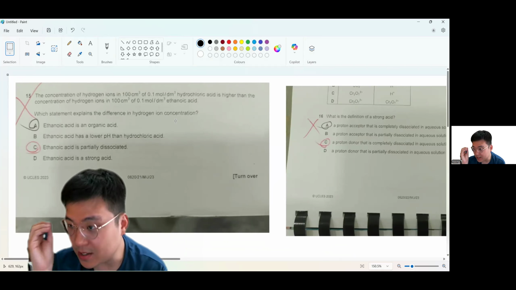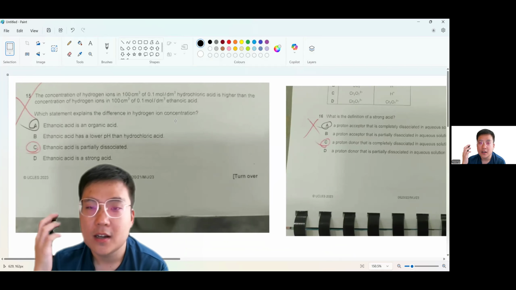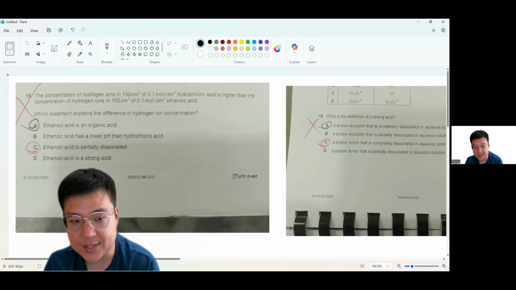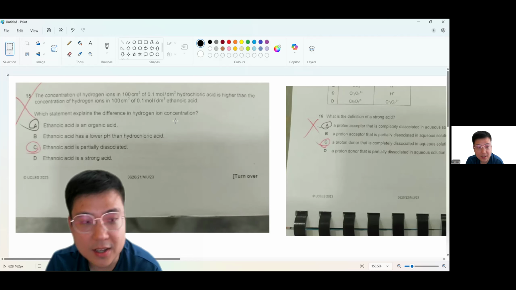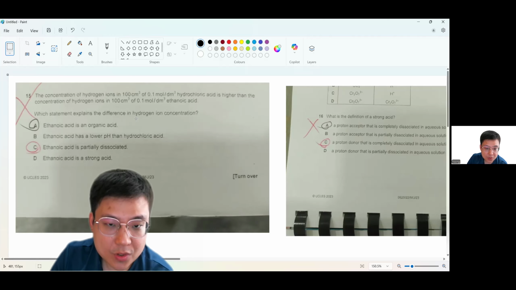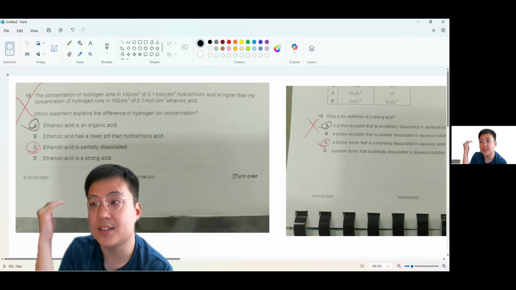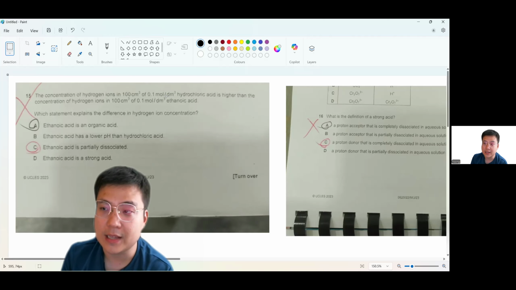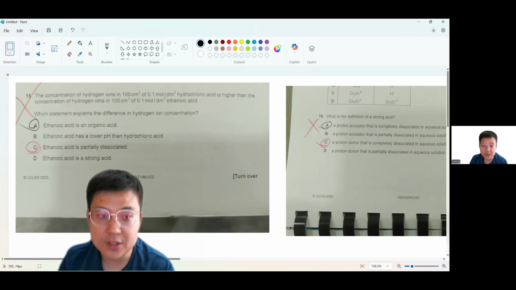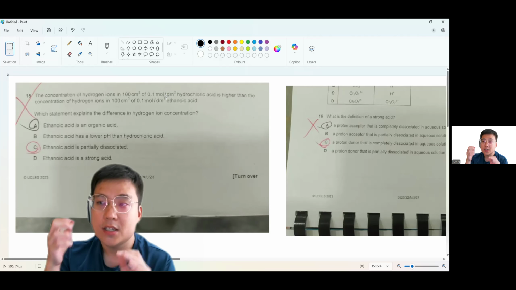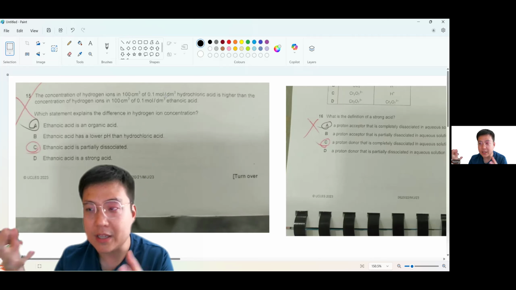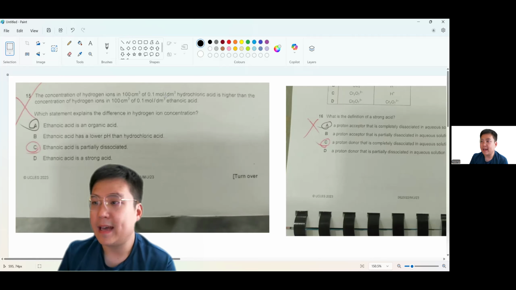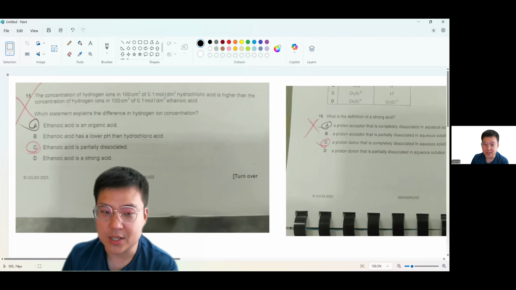If the student has a clear understanding of strong and weak acids, then they would be clear here why the ethanoic acid has a lower concentration: because it's partially dissociated. If students have studied this chapter before, they definitely should have studied that strong acid fully dissociates, weak acid partially dissociates.